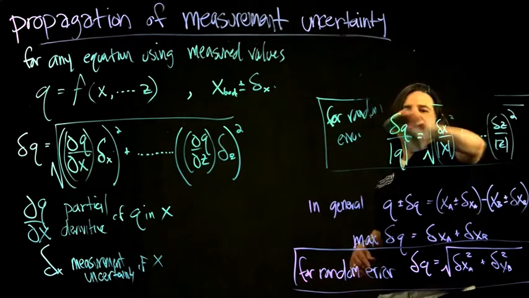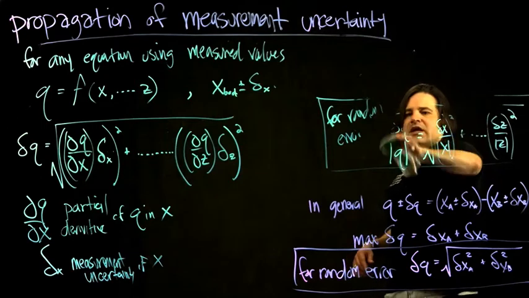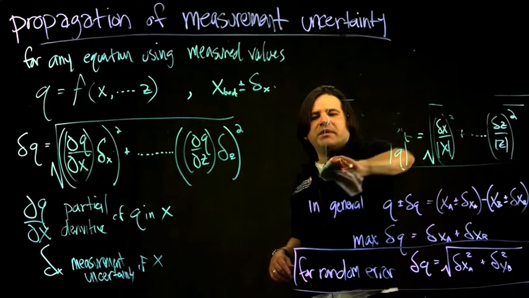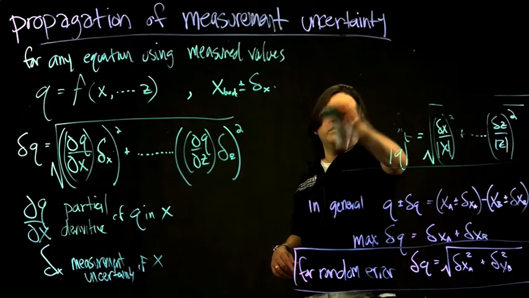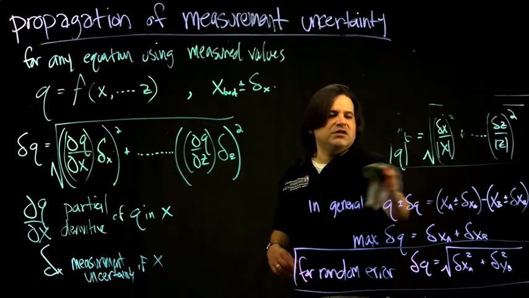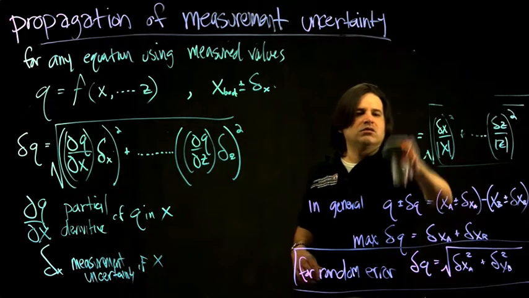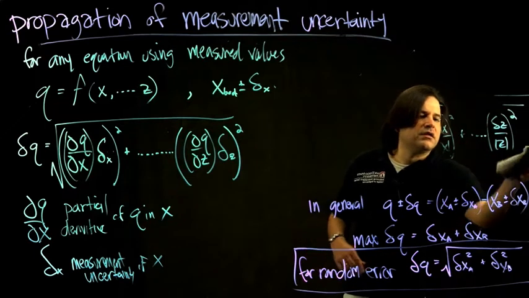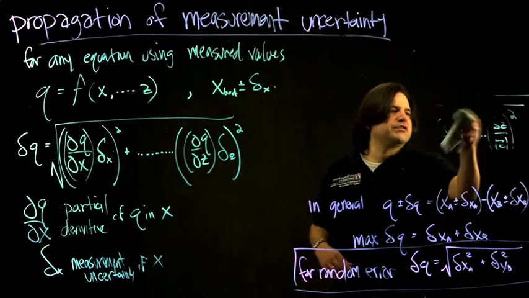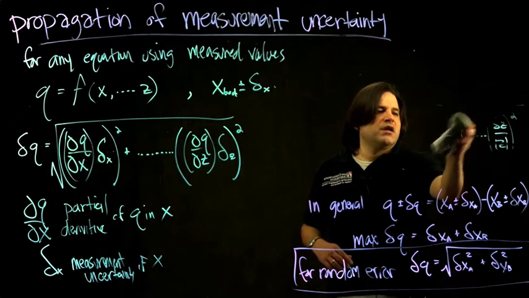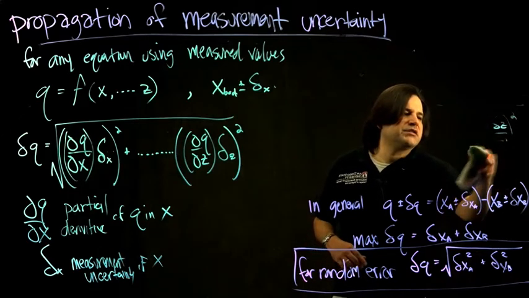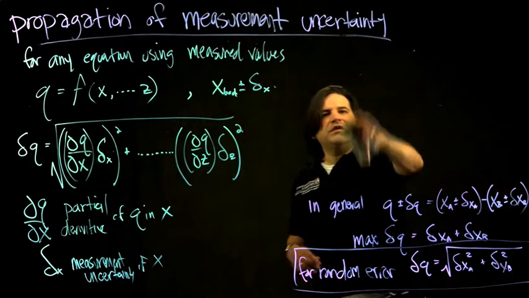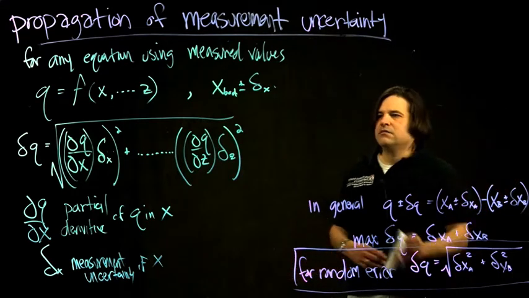So in this multiplication case, you would take the partial derivative of the momentum with respect to mass, take the partial derivative of momentum with respect to velocity, and though the result of that is a new equation, then you would plug in the numbers of your measurements to that equation, and then you multiply that by its measurement uncertainty, then you square that, and then you add it to everything else, and then you take the square root of that.